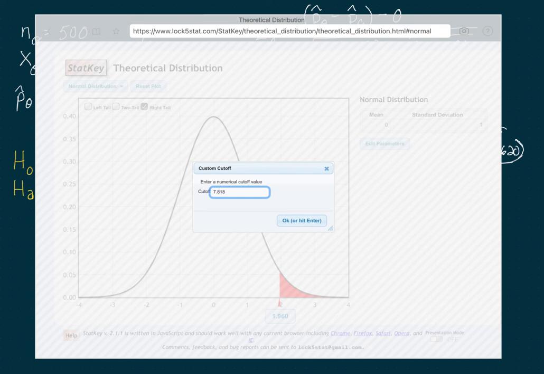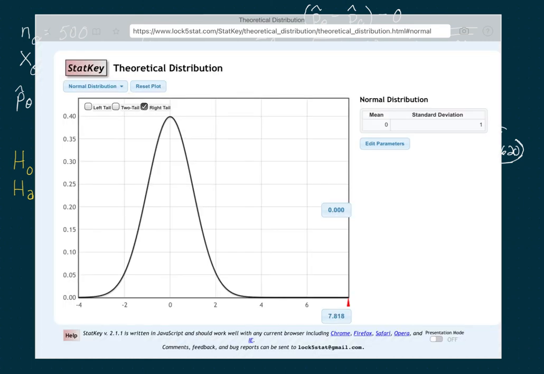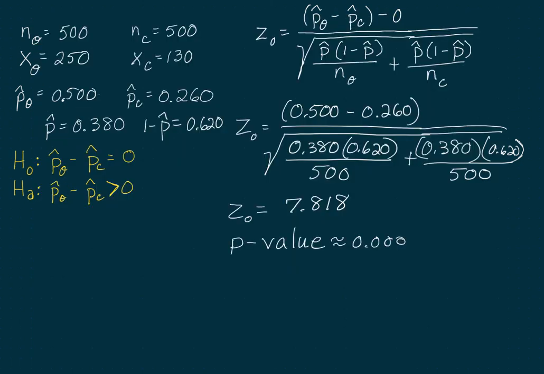Enter. Wow. Look at how the graph has squeezed together there so we can get all the way out to 7.818, and it's practically 0. So we really didn't need to go to that normal distribution to figure this out because we had such a high test value here.